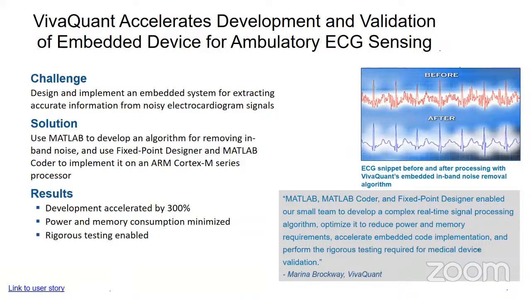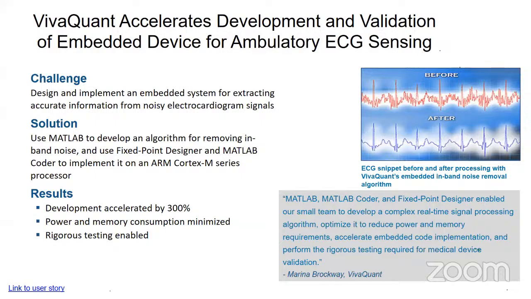This is one case study, or you can say a user story, about ambulatory ECG sensing. So what is ambulatory ECG sensing? Ambulatory ECG sensing is basically a non-invasive method of monitoring a person's heart rhythm over an extended period of time.